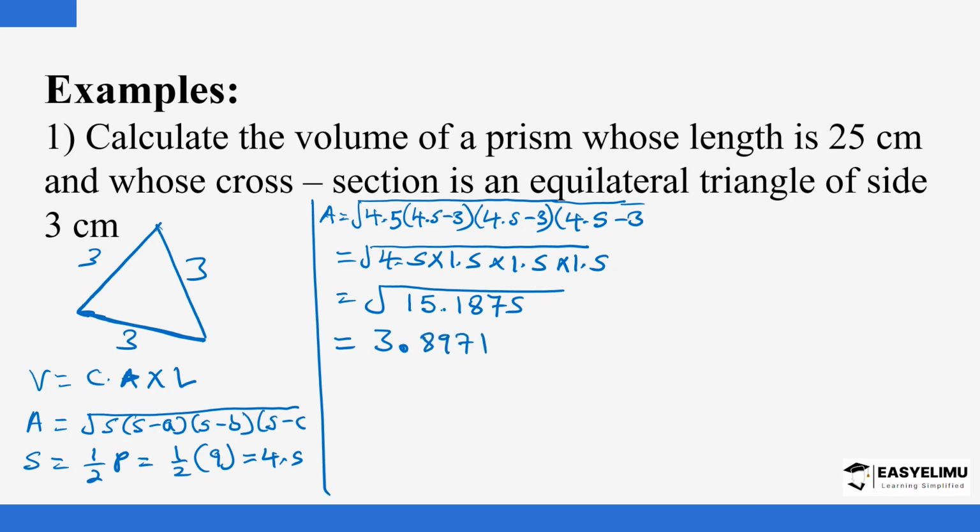You need to check that from the tables of square roots of numbers between 10 and 100. So already we have the area. We need to find the volume, which is cross-sectional area times the length. That is 3.8971 times 25.